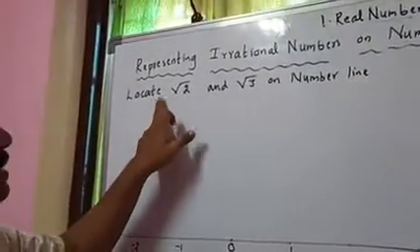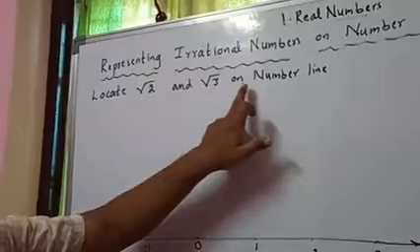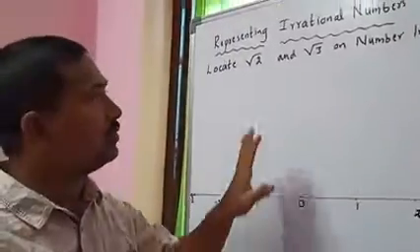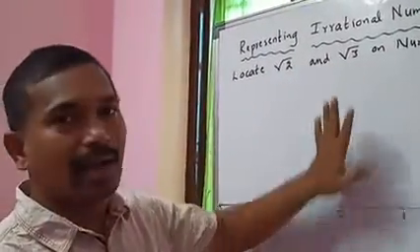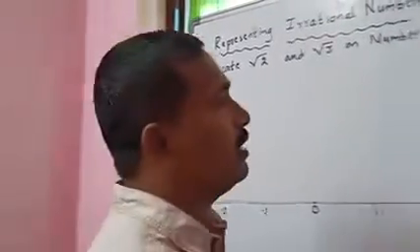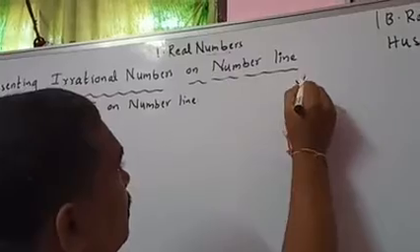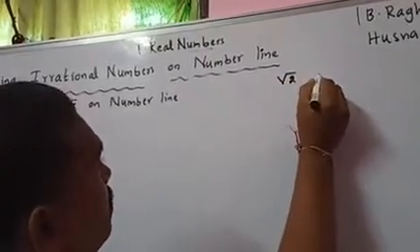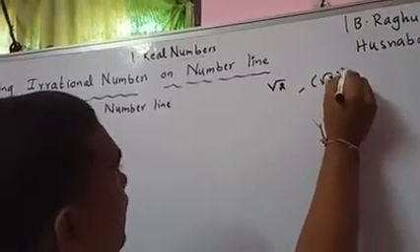Locate root 2 and root 3 on the number line. To represent root 2 and root 3 on a number line, first let us see root 2. Squaring root 2, what do we get?